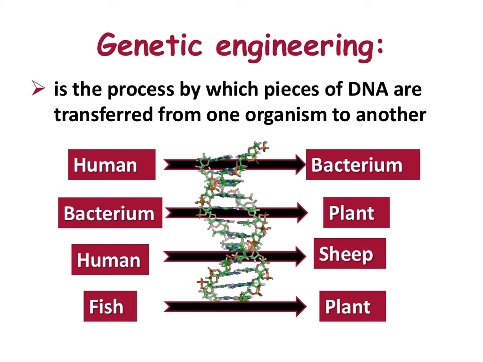Human genes can also be transferred to sheep, and in a similar way fish genes can be transferred to plants. So such processes are involved in genetic engineering.